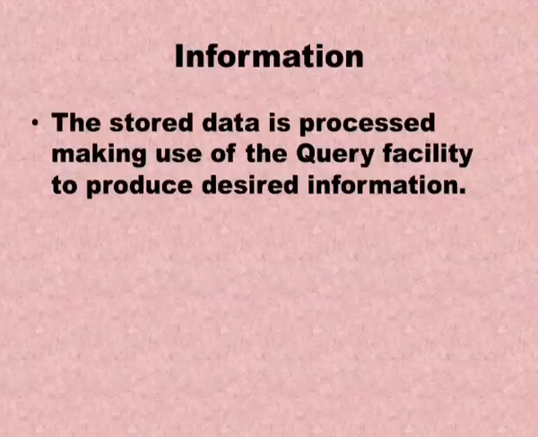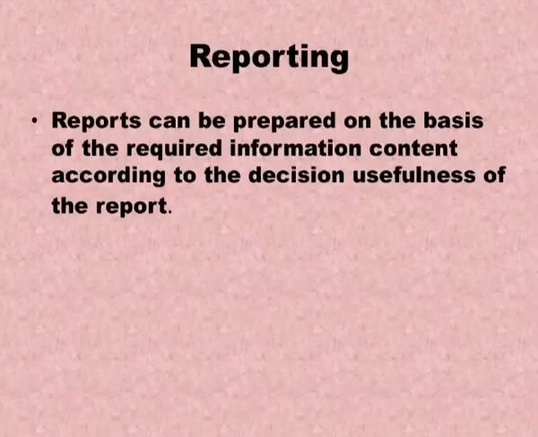Fifth is information. The stored data is processed making use of the query facility to produce desired information. Next and last is reporting. Reports can be prepared on the basis of required information content according to decision usefulness of the report.